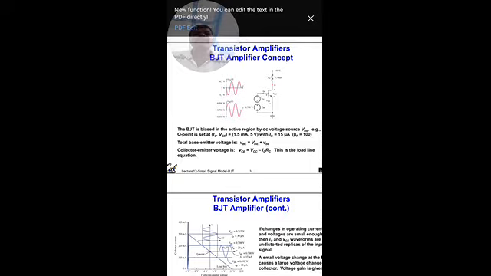The AC equivalent circuit is that which, after the application of the signal to be amplified, shows how the signal is going to vary the parameters of the transistor during the amplification process. The parameters which conduct the AC signal after the application of the signal to be amplified are known as AC equivalent components or the AC equivalent circuit.